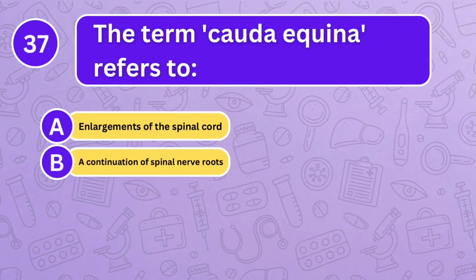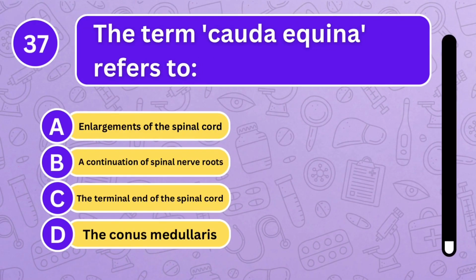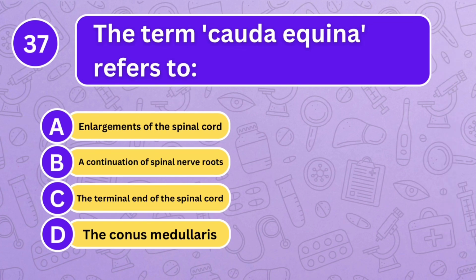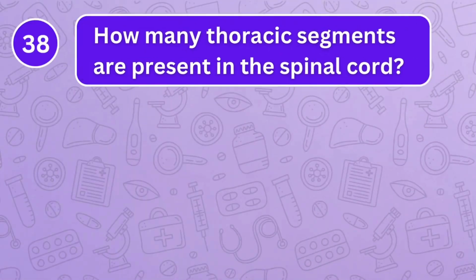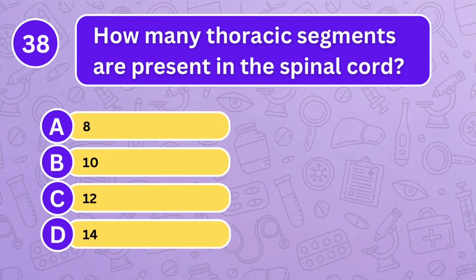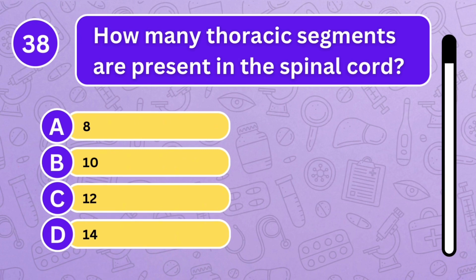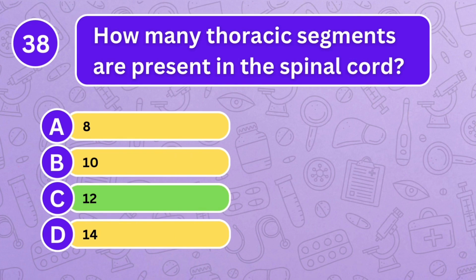The term cauda equina refers to a continuation of spinal nerve roots. How many thoracic segments are present in the spinal cord? 12 thoracic segments.